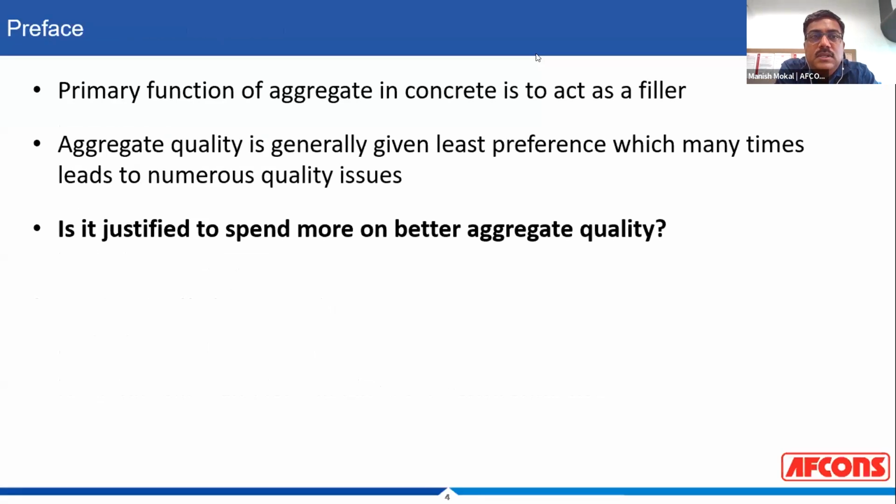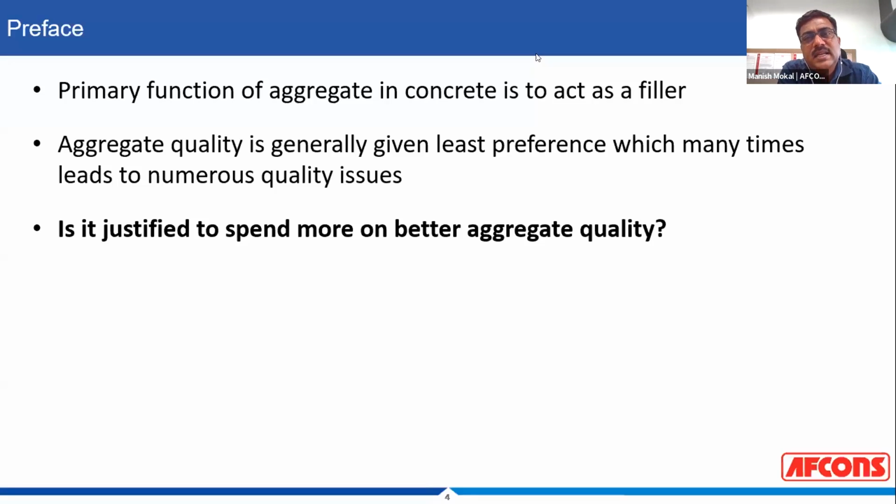See, when we talk about the aggregate, the primary responsibility or function of aggregate in concrete is to act as a filler. So basically, we add aggregate so that we will increase the volume. And the idea is that generally it will remain inert, not take part in any chemical reaction, though some aggregate do take part in chemical reactions.